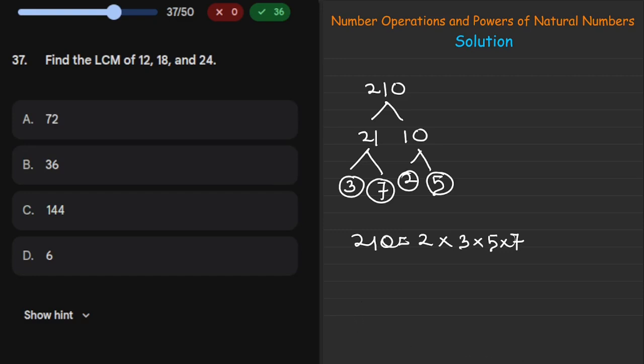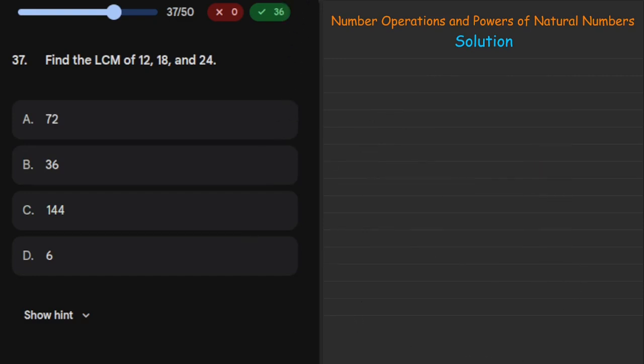Question number 37. You can try that yourself using the table method. So we have our 12, 18, and then 24, and we want the lowest common multiple.